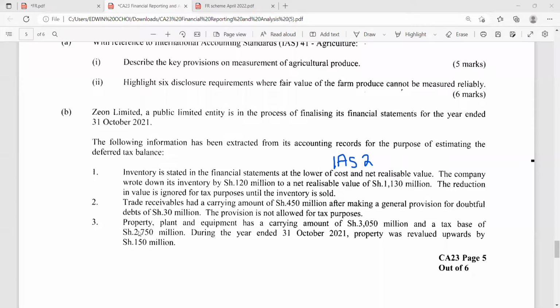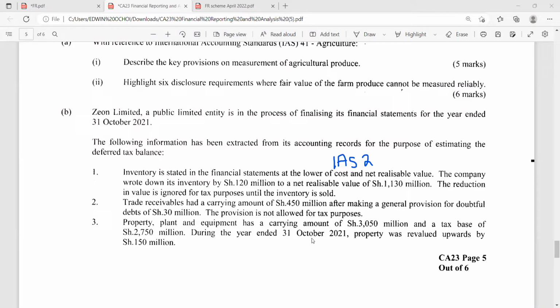Number 3, property, plant, and equipment had a carrying amount of 3050 and a tax base of 2750, but there was a revaluation.